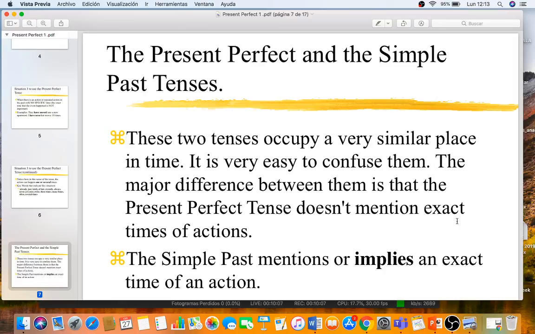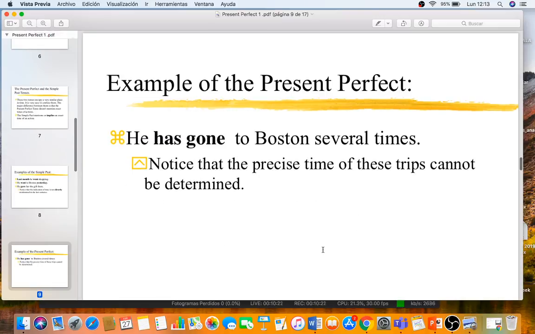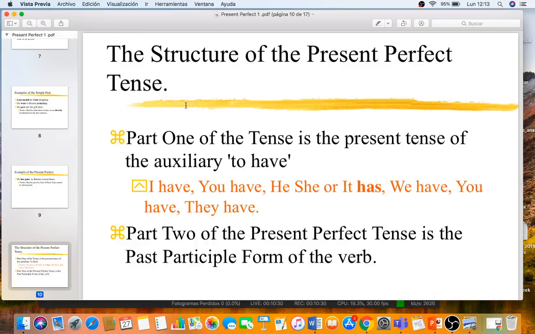We can know the period of time that it lasts, but not exactly when it begins. In simple past, we can have expressions like last month, yesterday, but in present perfect, we don't know exactly when the action happened, right?